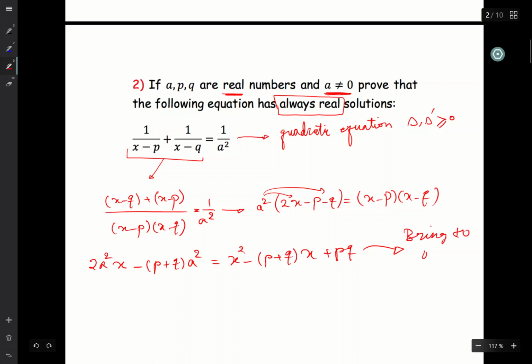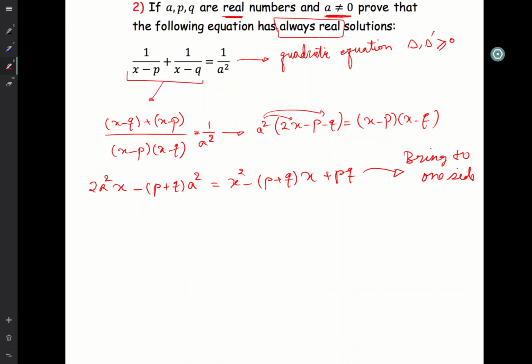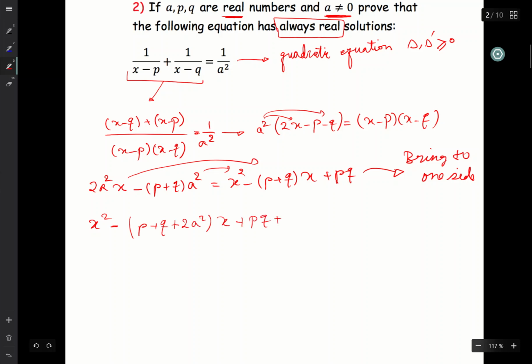Then bring everything to one side. I bring everything to the right side: x squared minus p plus q plus 2a squared times x plus pq plus p plus q times a squared is 0, right? So this is a quadratic equation.